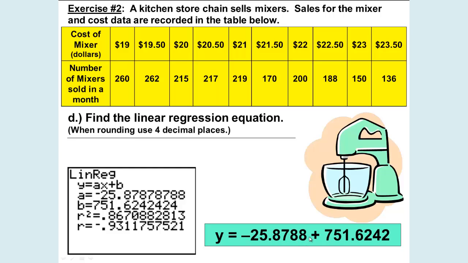I'm sorry, there should be an x here; she's left out the x. So that's y equals negative 25.8788x plus 751.6242.